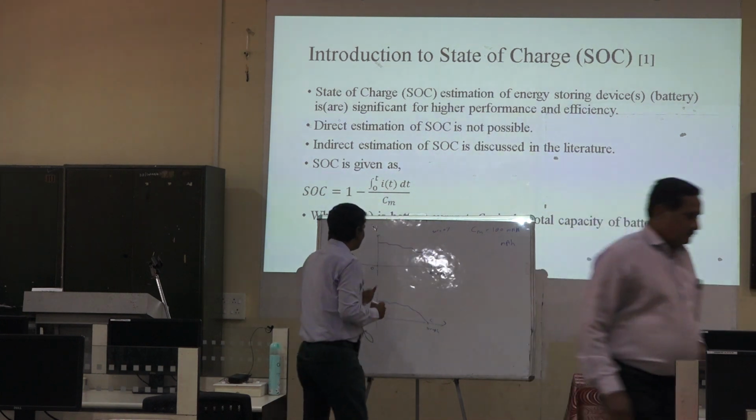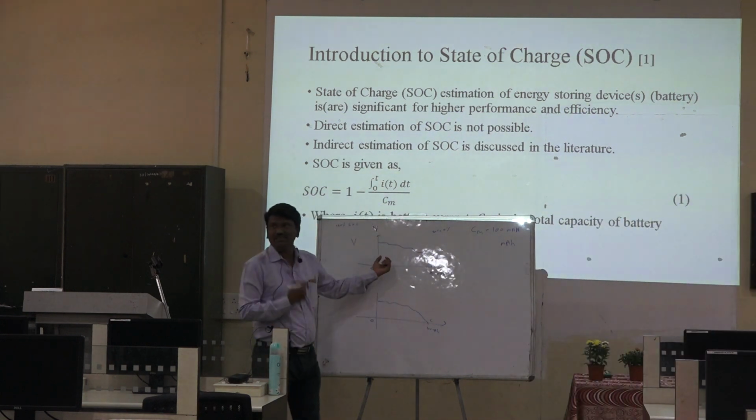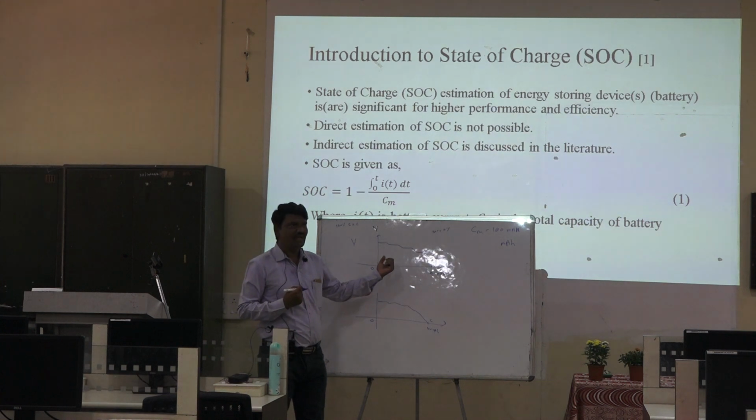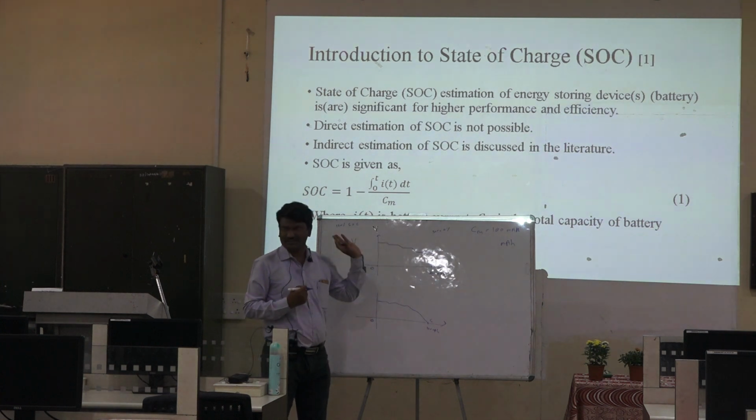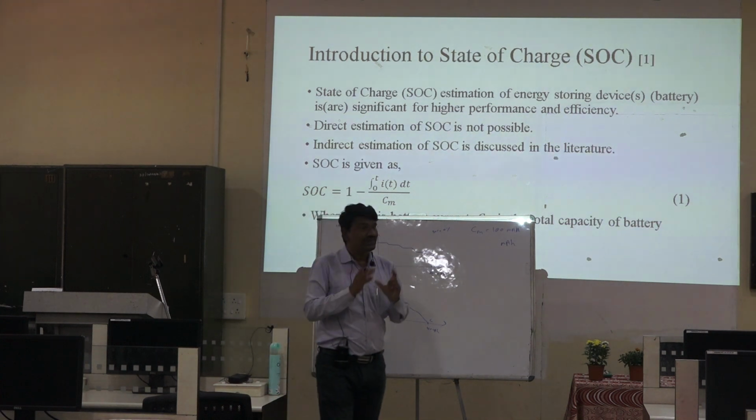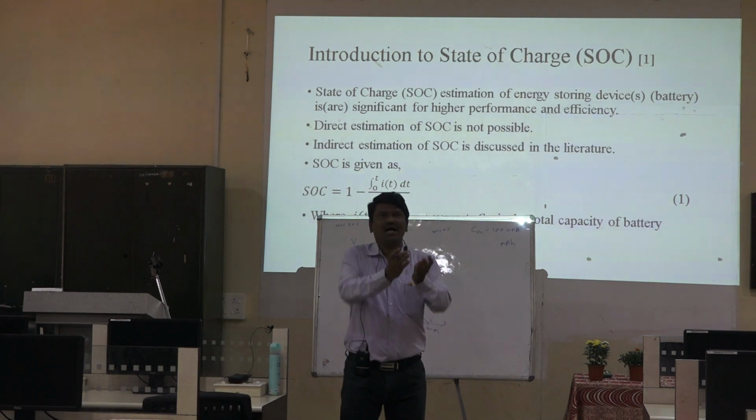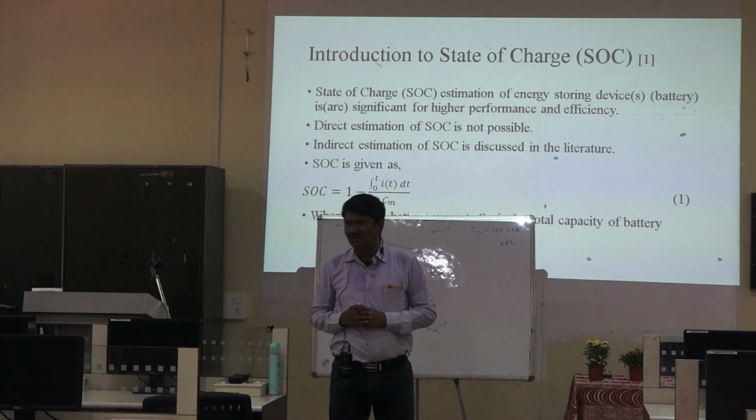When we drive the electrical vehicle, it draws energy from the battery, and I assume that 50% energy is utilized. It means that 50% charge is released by the battery. Correct?